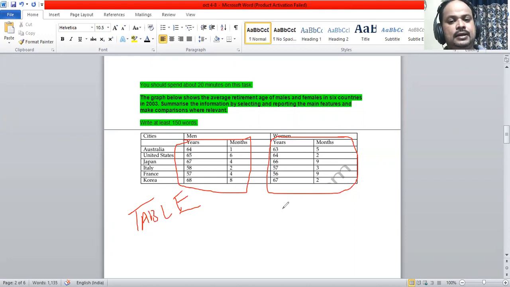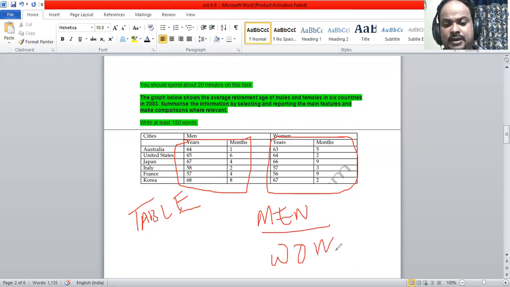Is it the comparison between men and women? You can say that the retirement age of men goes in one paragraph and women in one paragraph. You can go with this type of comparison. Of course, when you go with this, the problem is that you have to state the country names twice.